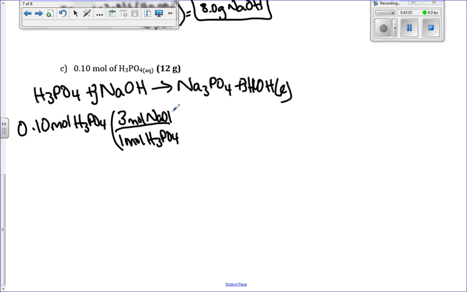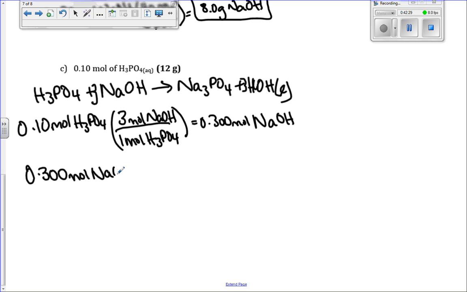So I'm sure by now you've seen a trend. Now that we've calculated out the moles of sodium hydroxide, we can now figure out the mass that we need to react fully by multiplying by the molar mass of sodium hydroxide.